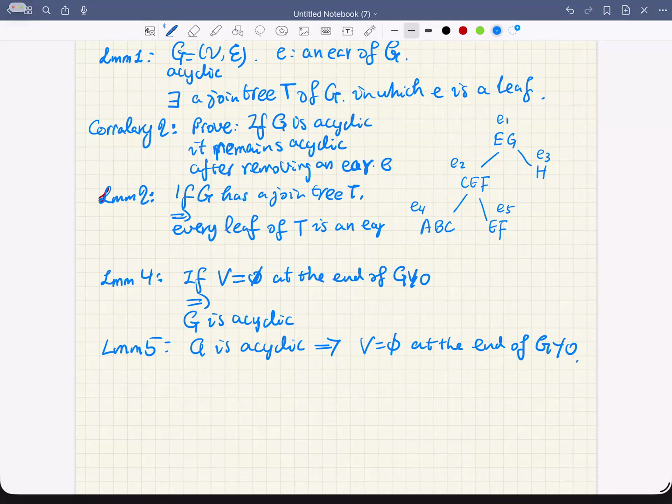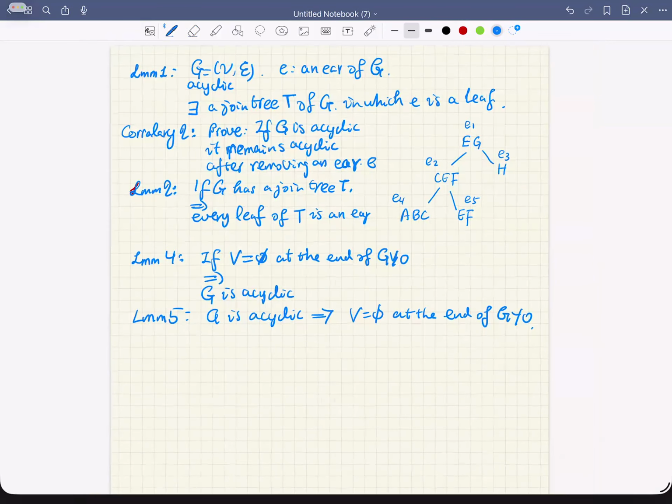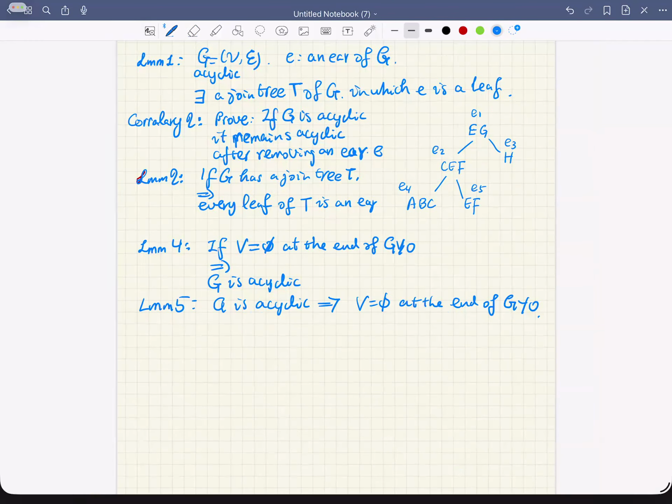All right, so let's prove lemma 5 first. By the way, this is proving if and only if, as you can see. Now, let's prove lemma 5 first, because lemma 5 is fun to prove. So think about the following argument.